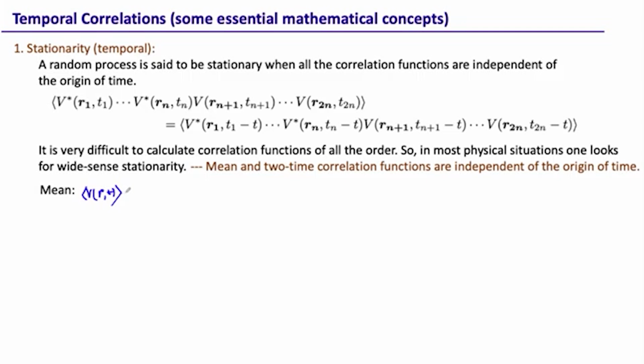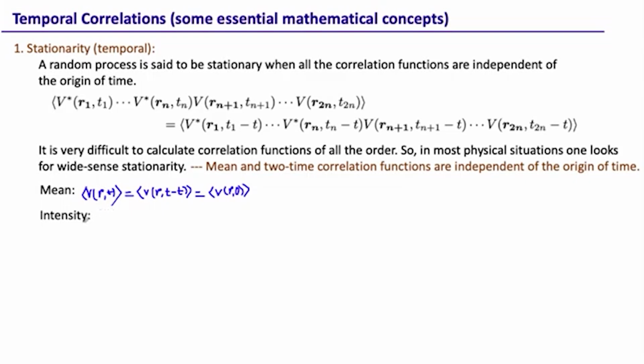So if this is equal to this, or this doesn't change, if we change the origin of time, let's say just right now we will change this by t, then we say that the mean is independent of the origin of time, and this simply then means that this is equal to V of r, 0. So the mean of the function is independent of the time. So at t and at t equal to 0 is the same thing. It doesn't change. Similarly, the intensity also is independent of the time.